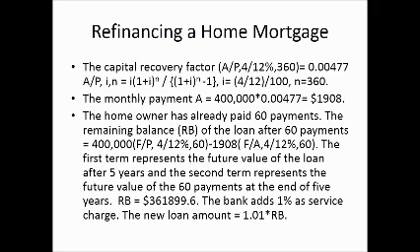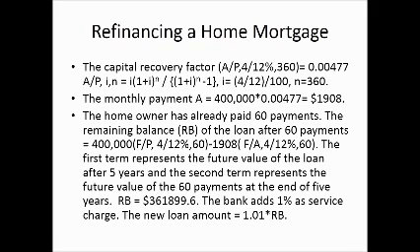And the second term represents the future value of all the payments, 60 payments the borrower has made so far. So once you evaluate that expression, we get the remaining balance of the loan at the end of 5 years. And that comes out to be $361,899.60. So you can see that even after paying for 5 years, the homeowner has only repaid about $39,000 or about $38,000 towards the principal, and remaining amount has all gone towards paying the interest.